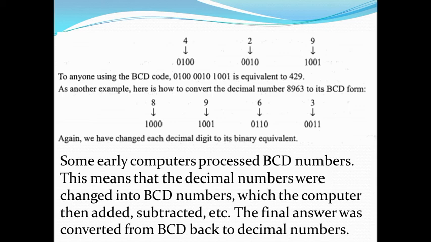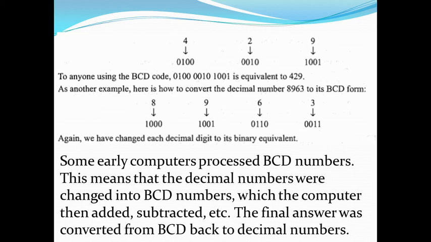Initially, it started with BCD numbers. Decimal numbers were changed into BCD numbers, which the computer then added, subtracted, etc. The final answer was converted from BCD back to a decimal number.